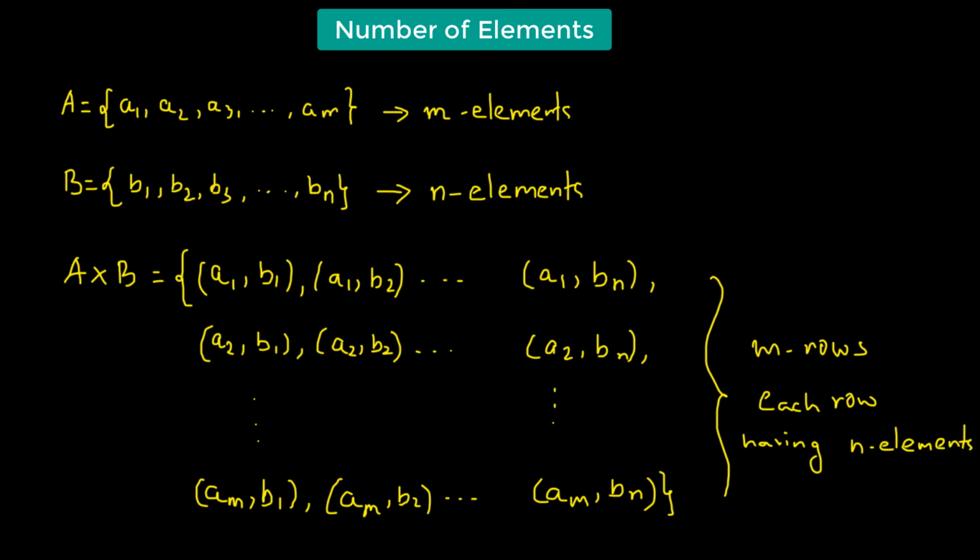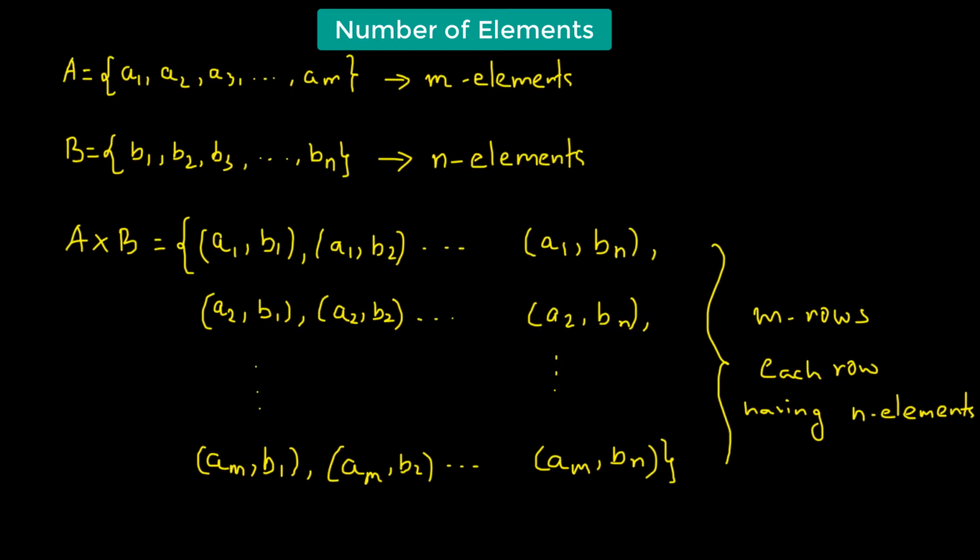So we can say that the total number of elements in the Cartesian product of A and B is simply the product of the number of elements in set A multiplied by the number of elements in set B.